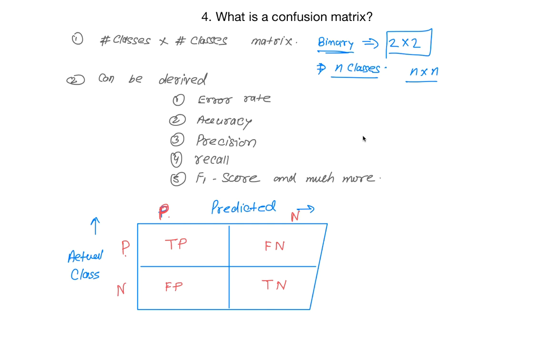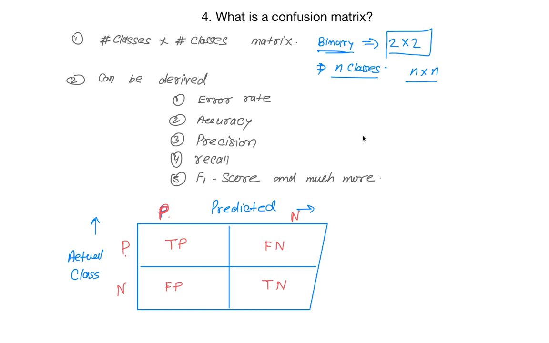So let's understand it once again. If a positive is classified as a positive, we say it is a true positive. If positive is classified as a negative, it is a false negative. If negative is classified as a positive, it is a false positive. If negative is classified as negative, it is a true negative.